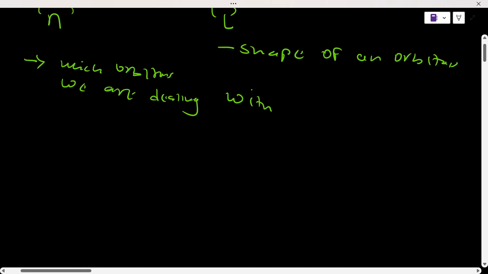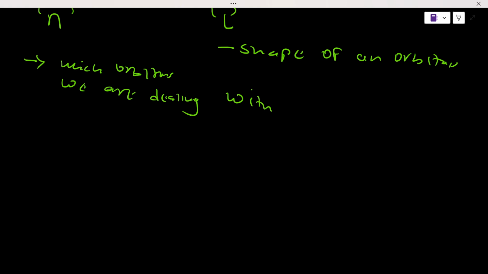So as chemists, we need to know the relationship between these two. And the relationship is very simple.